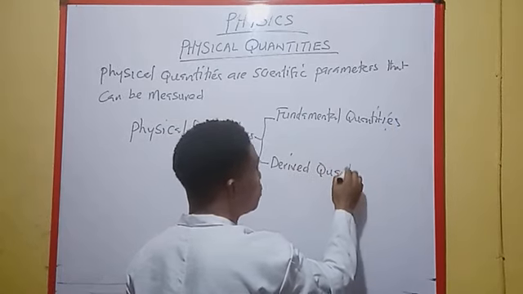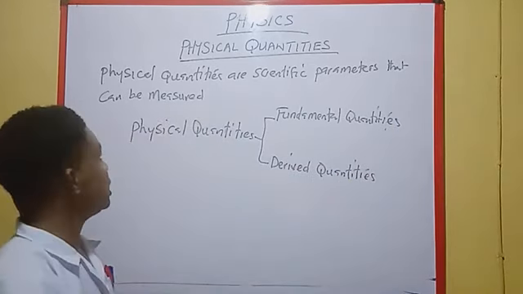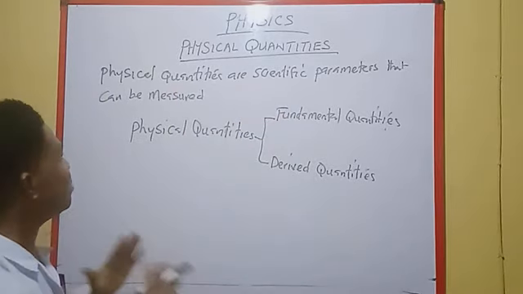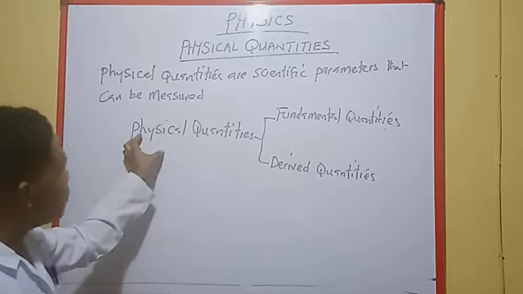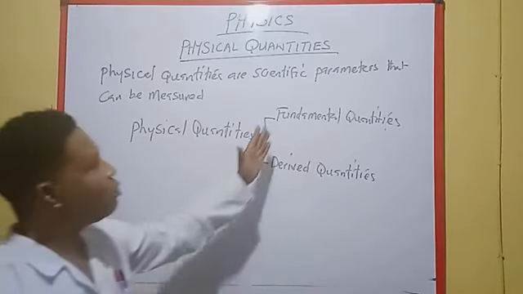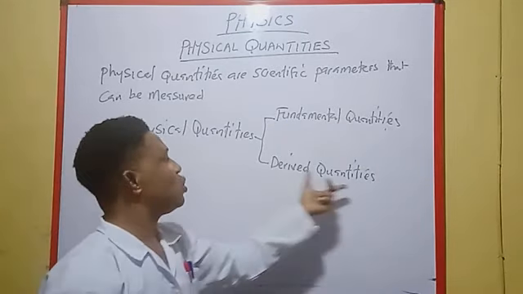I hope you understand what we are doing. Please pay attention. Like I said, the physical quantities are scientific parameters that can be measured. These physical quantities are divided into two: the fundamental quantities and the derived quantities.